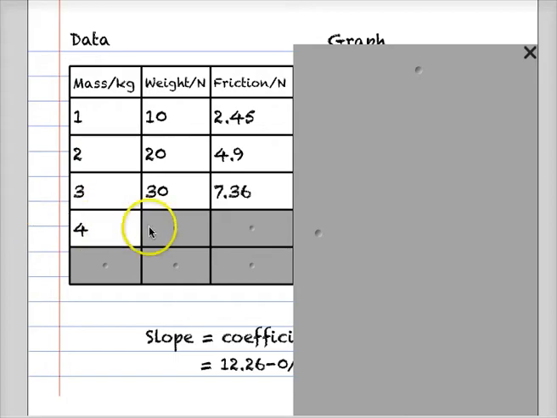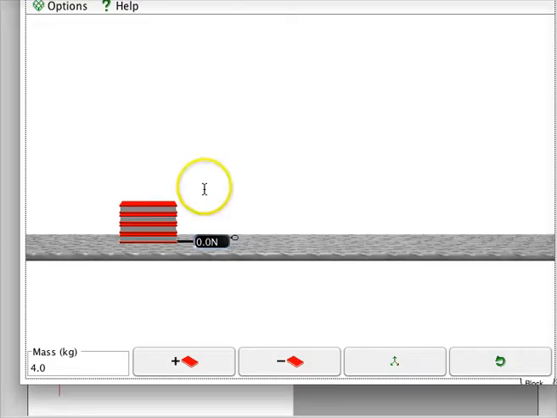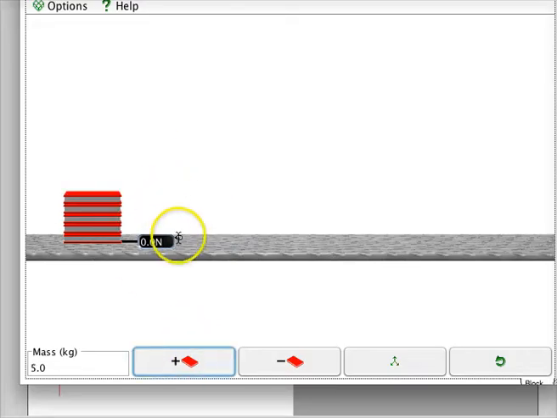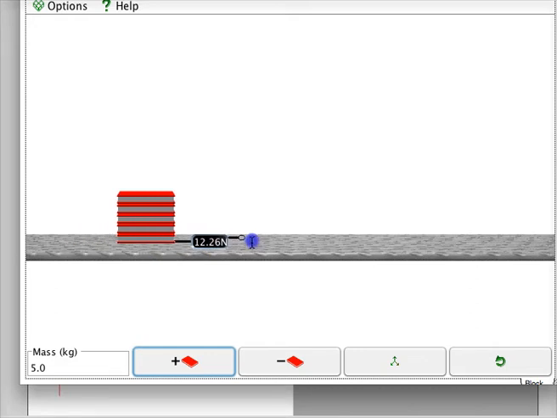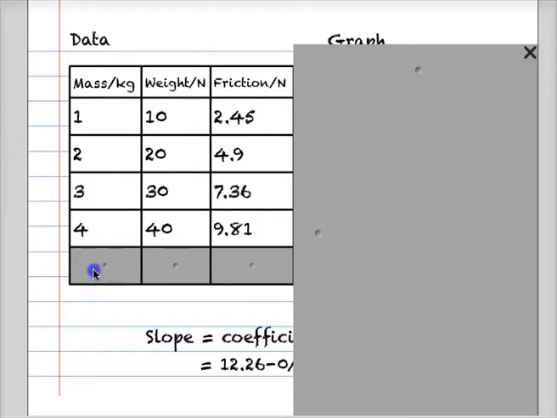Let's put that in. 4 books, 40, 9.81. And finally, add a final book, 5 books, that's 5 kilos. Click and drag, 12.26 newtons. Again, notice how it went above that before it started sliding, and then it went to a stable value. 5 books, 50 newtons, 12.26.